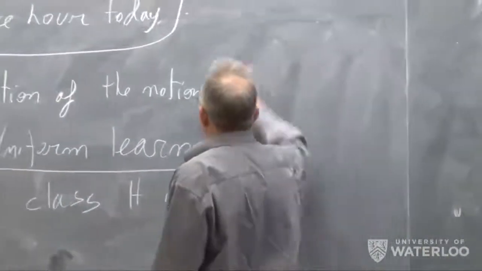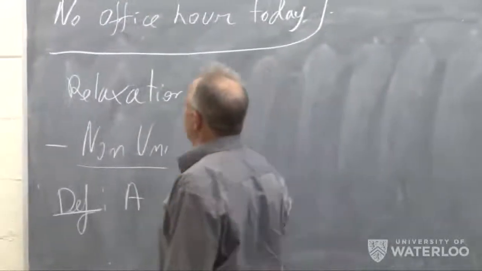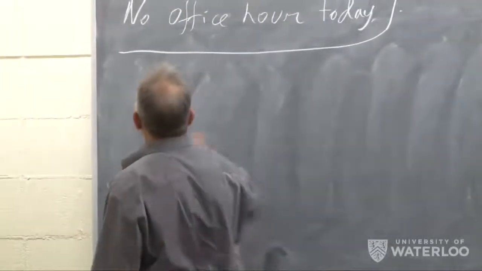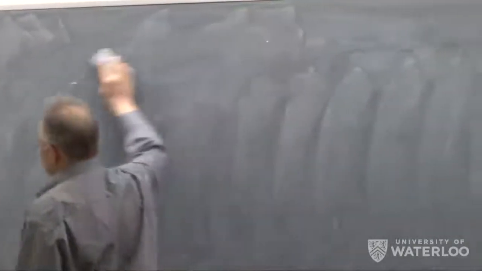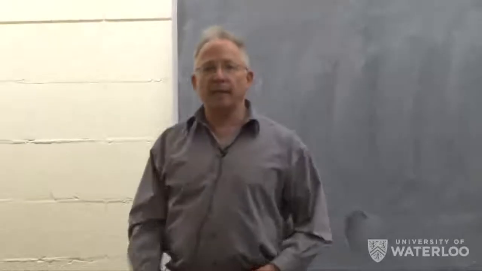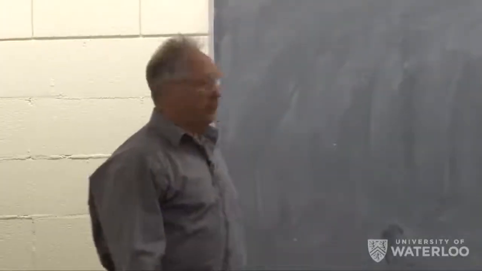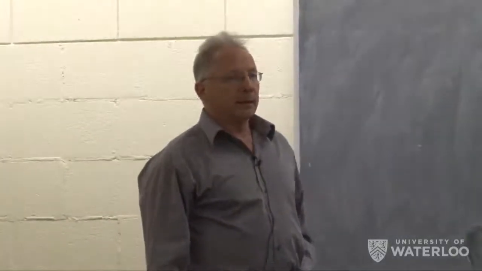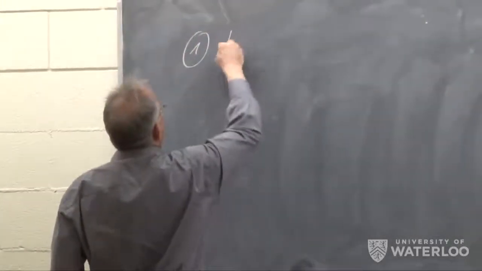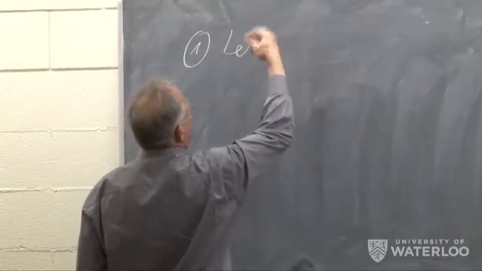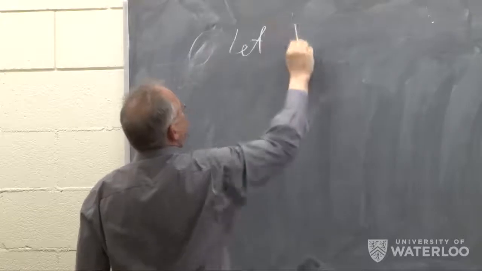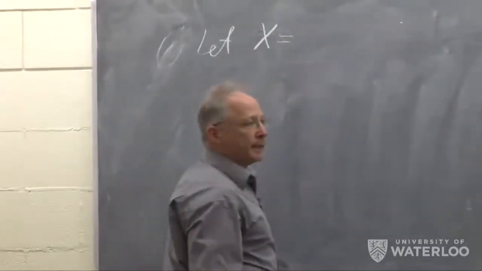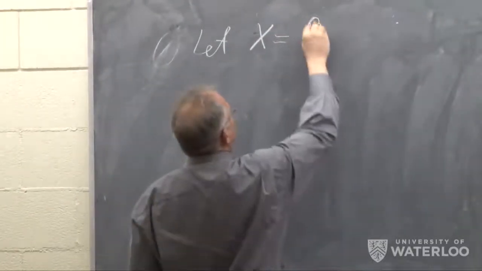So for question number 1, I just have to give you an example. And we can have many examples. So one example, I think I mentioned it last time, is, in all our cases, in both our examples, let x be, say, just the real line.